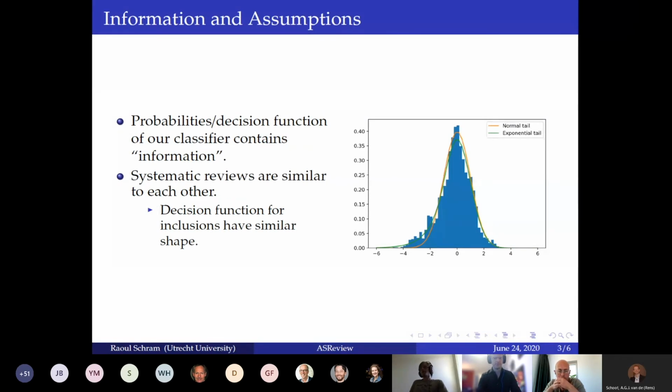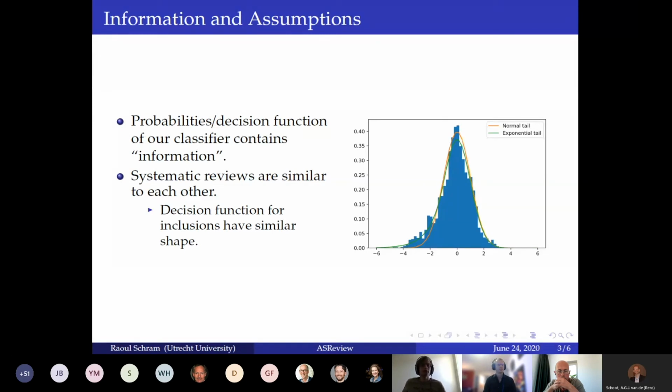I read a paper on the Fast Read 2 project, and they're doing something similar to us. They describe an algorithm, and I didn't actually implement the algorithm itself, but what they do is use the probabilities from the classifier, and assume that there is some information in the probabilities output by this classifier.